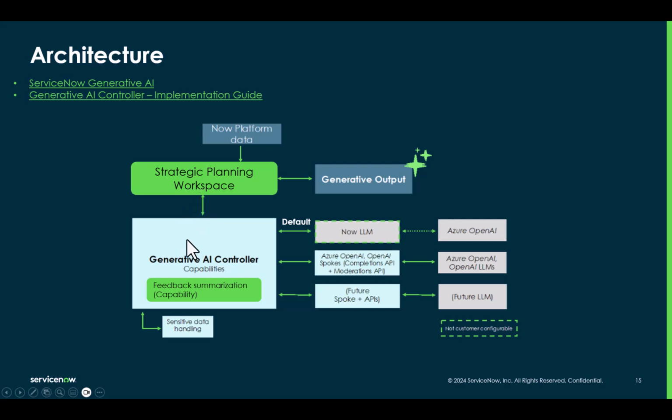So the request goes to call this feedback summarization capability as part of the generative AI controller definitions, and then the request goes to the defined LLM. In this case, the default is Now LLM, and then once the request has the response from the model, this goes back to the strategic planning workspace and is presented to the user.